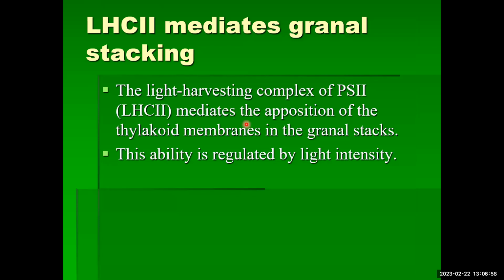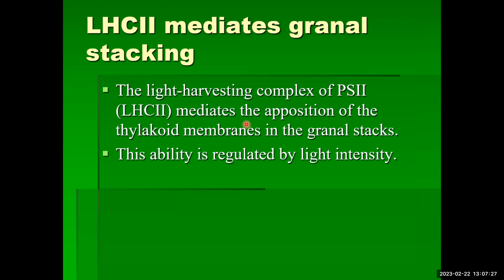The light harvesting complex for photosystem II has an extension that inserts into the membrane of the opposite thylakoid vesicle. By inserting into that opposing vesicle membrane, it mediates apposition of those stacks.